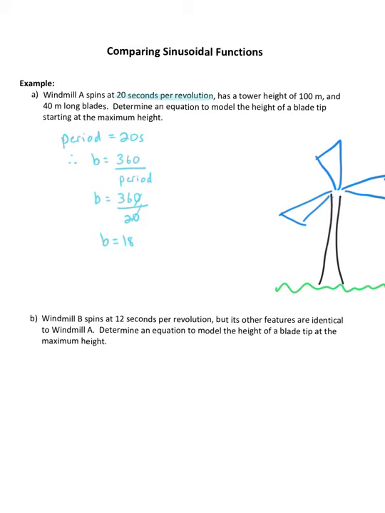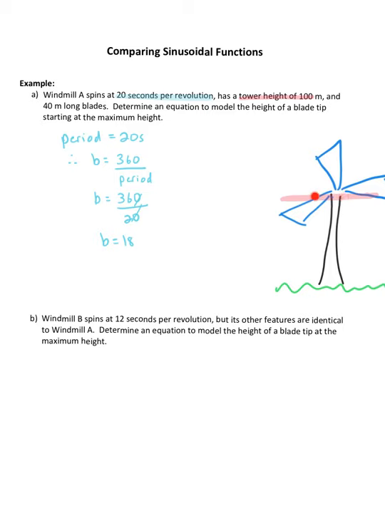The next piece of information we are told is that the tower has a height of 100 meters. So the tower is the base, not considering the blades. So that would be this height here. The blades rotate around the top of the tower. So the maximum is the length of the blade above the tower, and the minimum is the length of the blade below the tower.